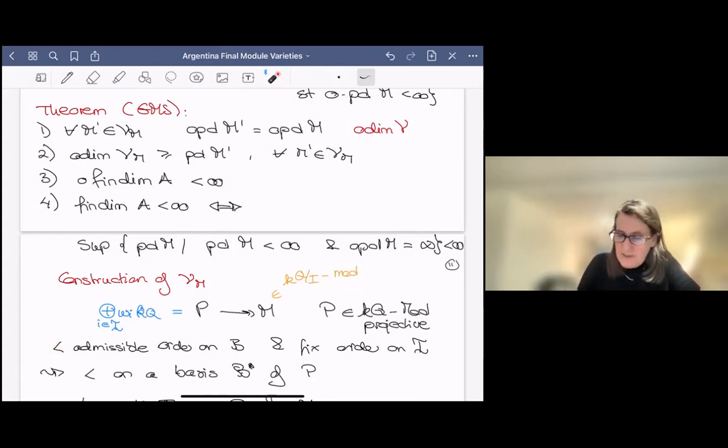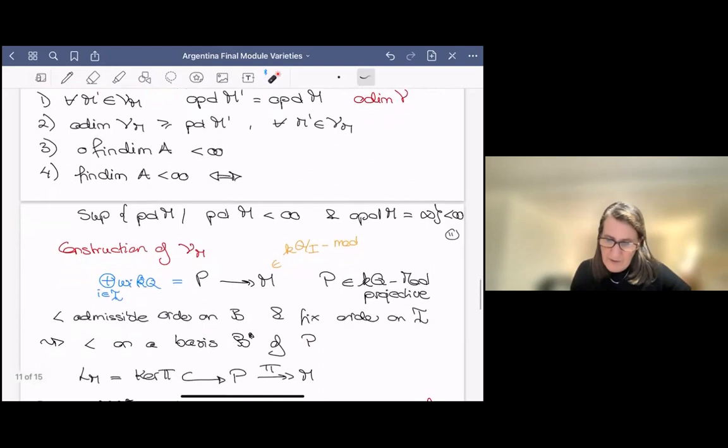Okay, then again, we need to choose an order. So we choose an admissible order on B, the basis of paths of KQ. And then we fix some order on this indexing set of our direct sum. And this induces an order on the basis of paths of our projective P. I denote this basis of paths of the projective P by B star.